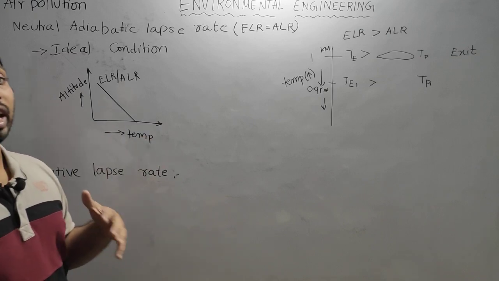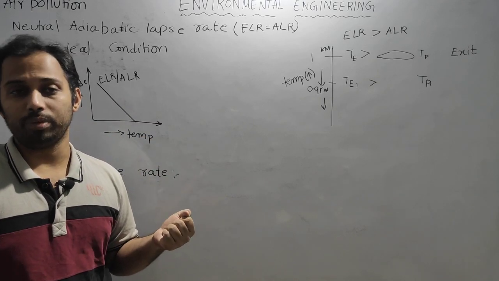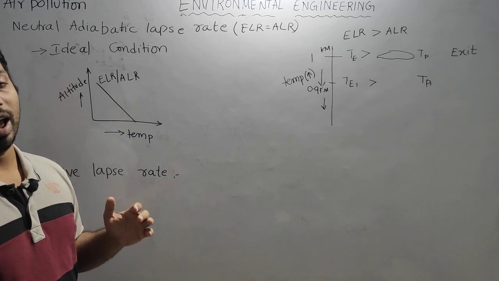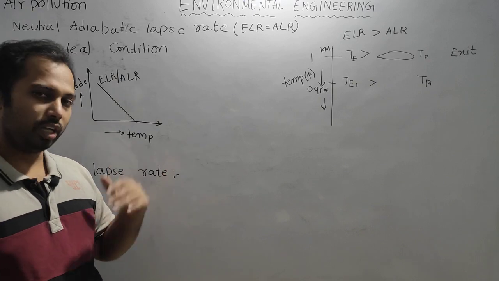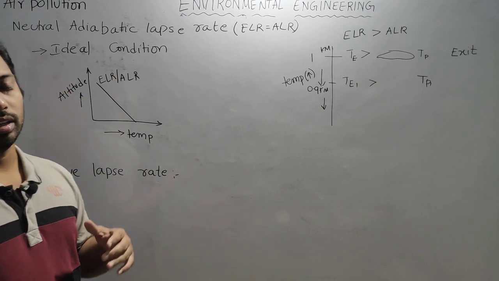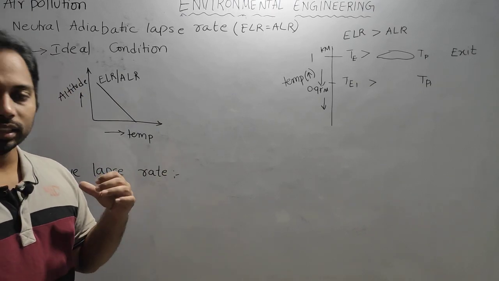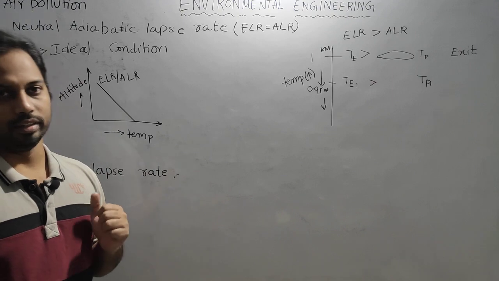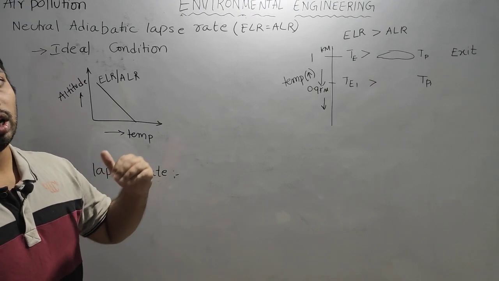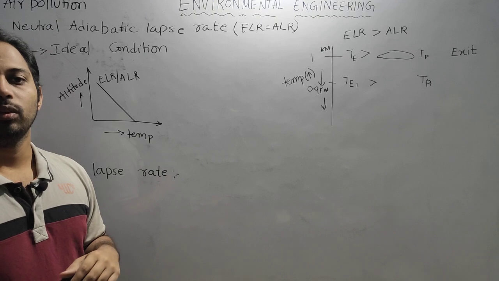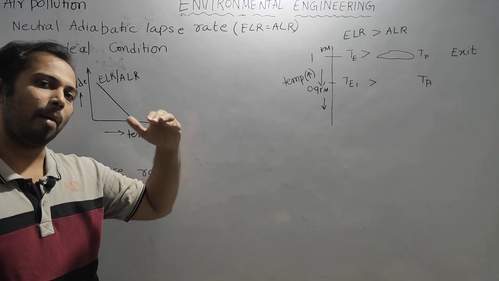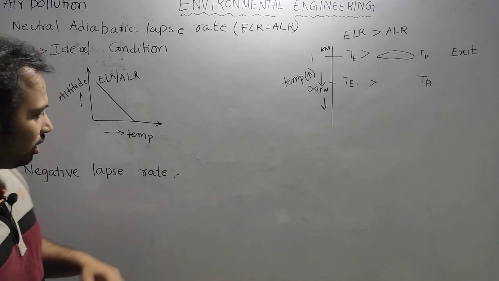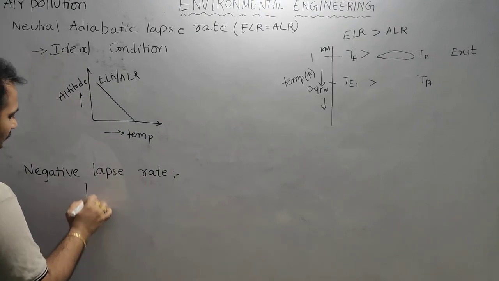But if it is gaining temperature, which generally happens during winter midnights, where the temperature at the earth surface is very low and gradually the temperature rises as you move up in the environment, that means negative lapse rate, in the environment.